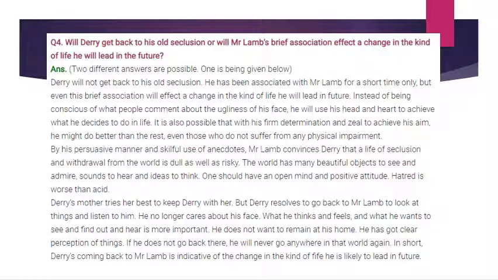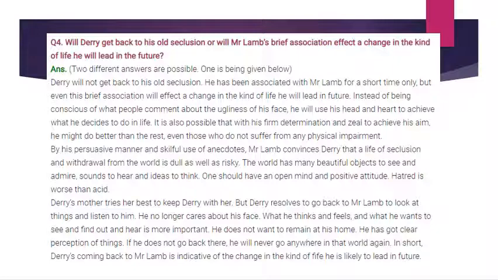Instead of being conscious of what people comment about the ugliness of his face, he will use his head and heart to achieve what he decides to do in life. It is also possible that with his firm determination and zeal to achieve his aim, he might do better than the rest, even those who do not suffer from any physical impairment.